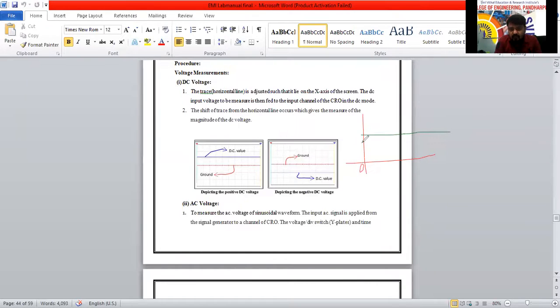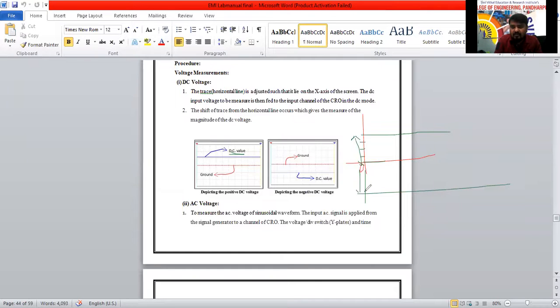So how much is this value, 1 or 2 or 3 or 4? We are going to measure it. This will give the value of DC voltage or DC current. If we consider this as the reference value and the value appears below it, that is a minus DC value.